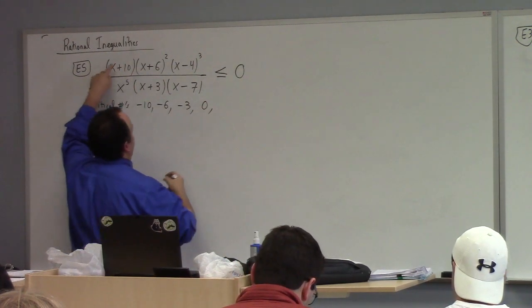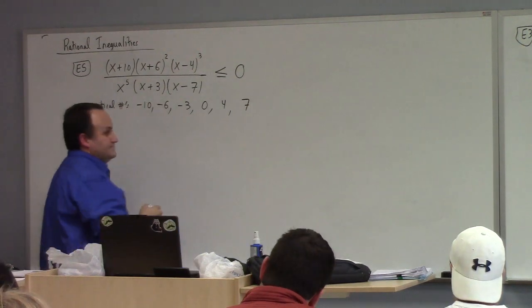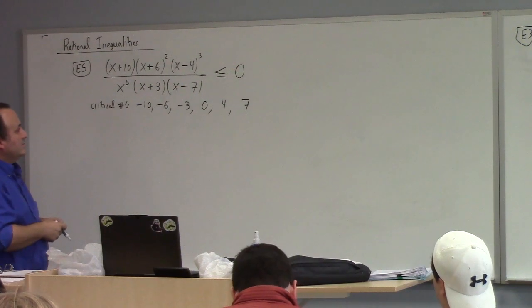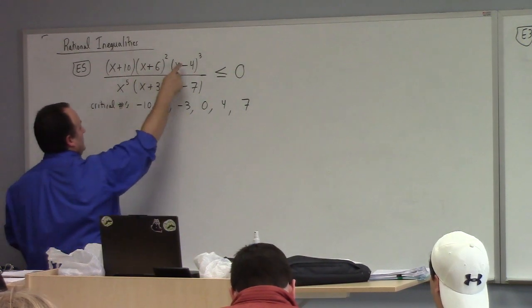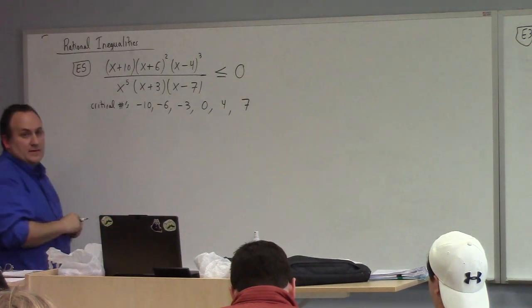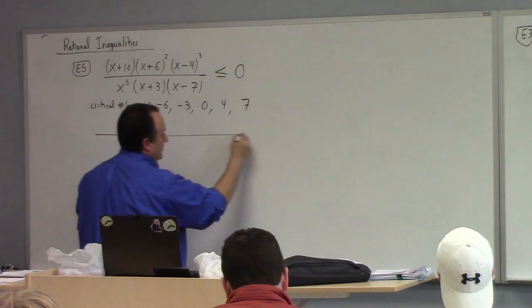And what else we got here? I heard a 4. And finally 7. Did I miss anything? 1, 2, 3, 4, 5, 6. Okay, yeah. Now what? We draw a number line.